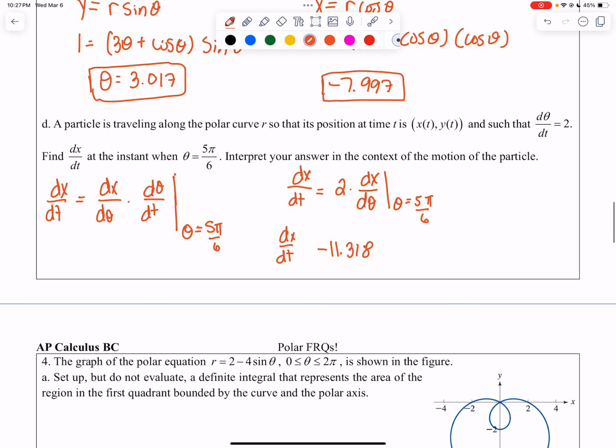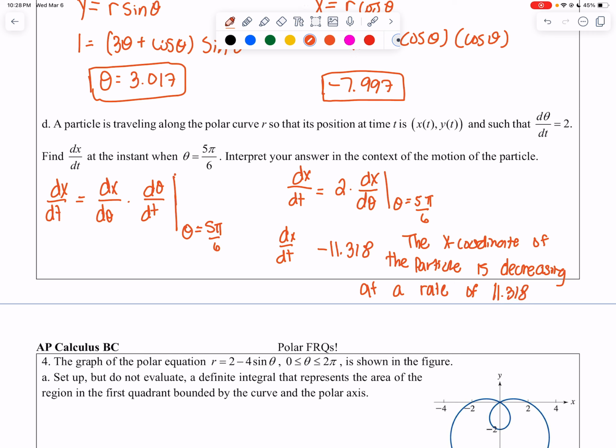So this means that the x-coordinate of the particle is decreasing at a rate of 11.318. What are our units?